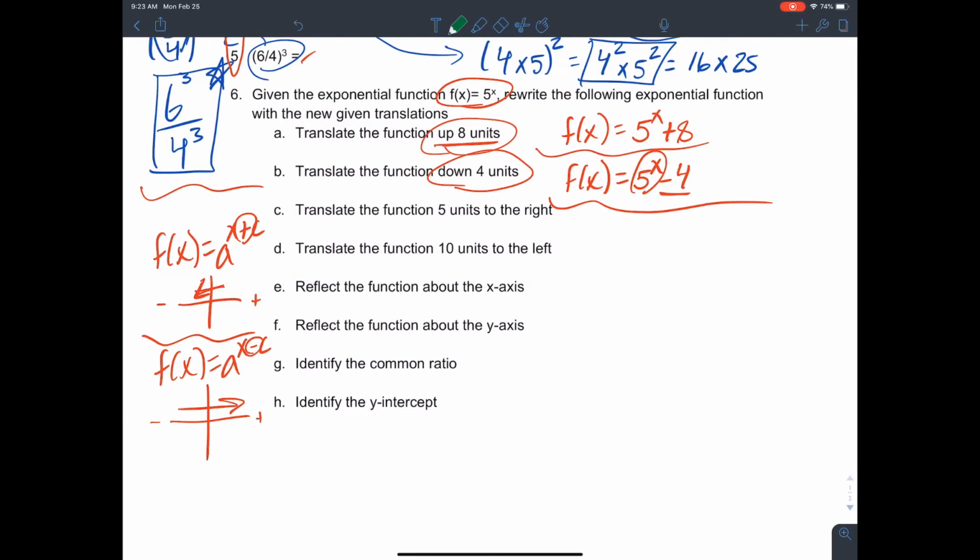Okay, so knowing that, C, translate the function 5 units to the right. Again, we're going to take our function, f of x equals 5. Now let's look here. To the right, this is going to the left, this is going to the right. So it's going to look something like this: x minus 5. Go ahead and add parentheses around it, just in case.